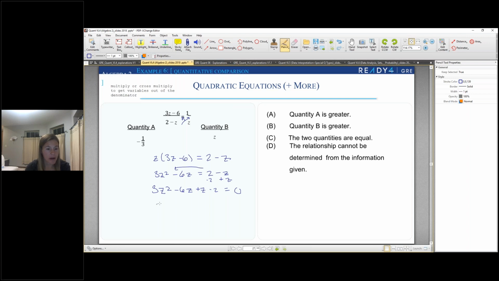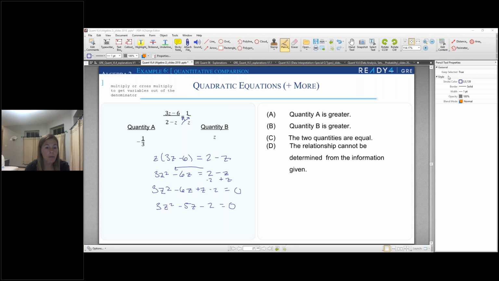I combine my terms: I get 3z squared minus 6z plus z is minus 5z, minus 2 is equal to 0. Is that right? Have I multiplied that through correctly? I think so. Yeah, I think that looks good.